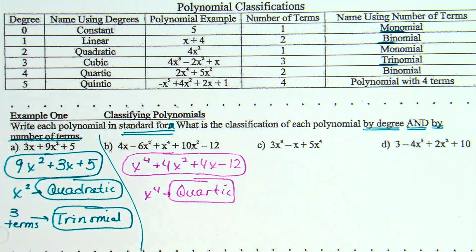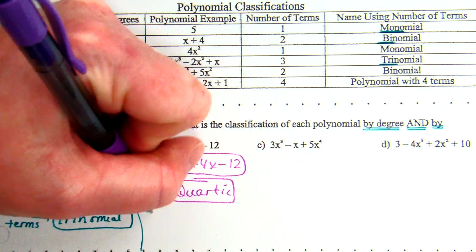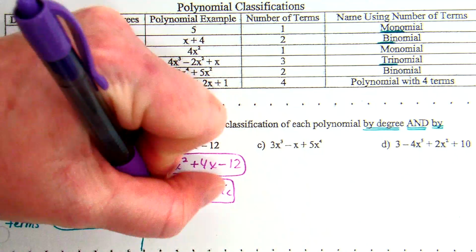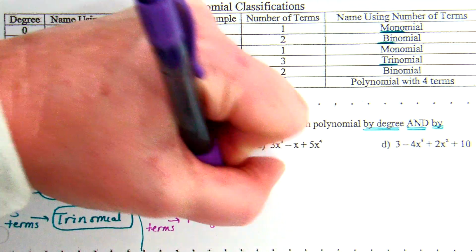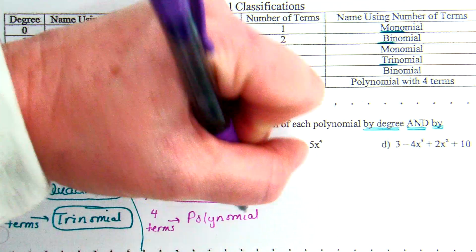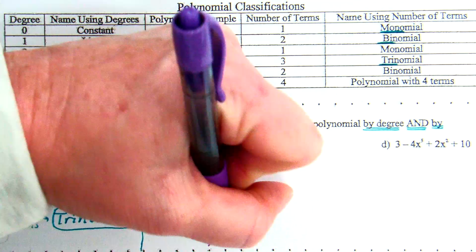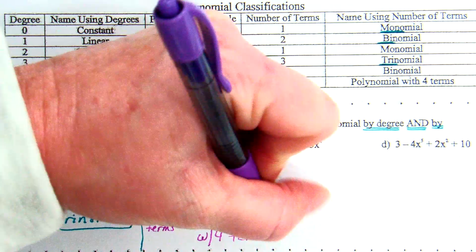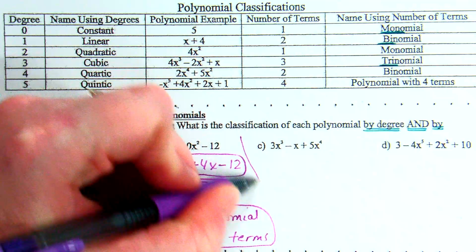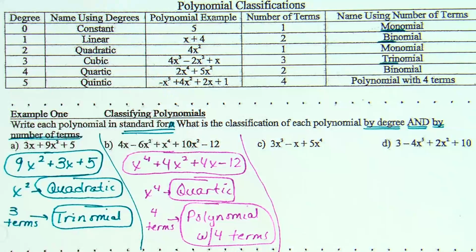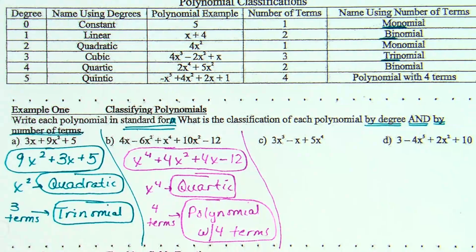So since there are 4 terms, polynomial with 4 terms. Okay, what do you guys got on C?